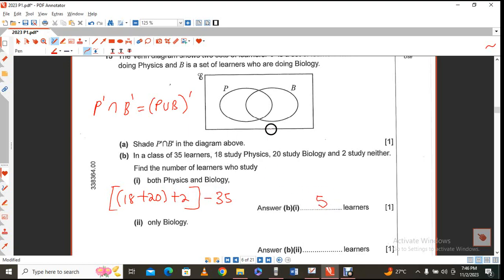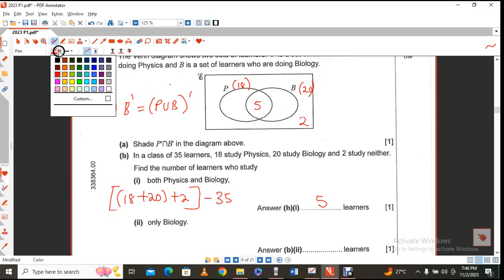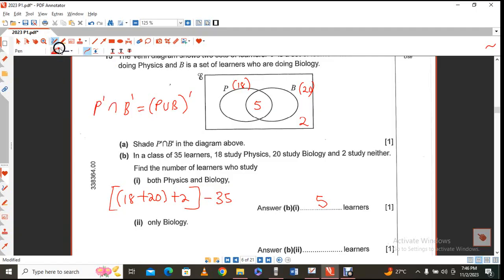So 5 learners represented in this region. The 2 will be in this region because they do neither. And I know that the ones who do physics are 18, and the ones who do biology is 20. So the region that you have over here, you need to understand, would be 18 minus 5, because this whole thing over here is 18.